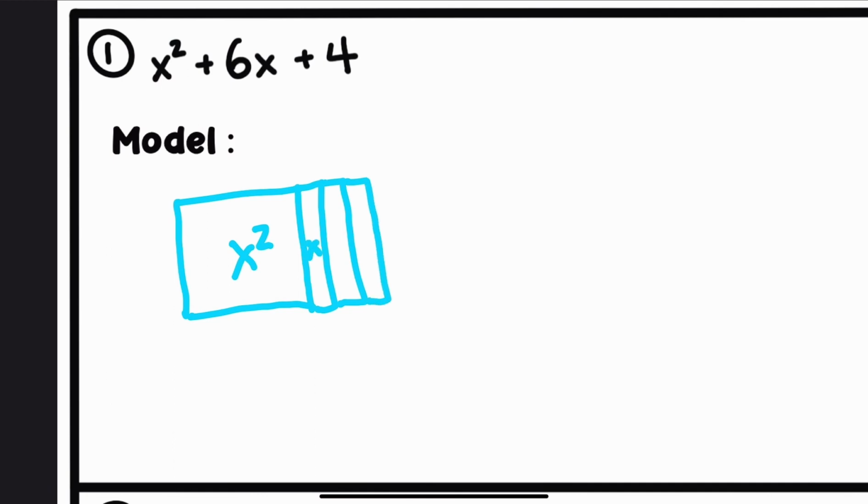So I got 1, 2, 3. And then I'm going to put 3 more at the bottom here, because that's going to be the easiest way to create that square shape. I don't want it to be a rectangle. I want it to be a square. Okay, so I got 6 of them, and then I need 4 little squares. 1, 2, 3, 4 of them.